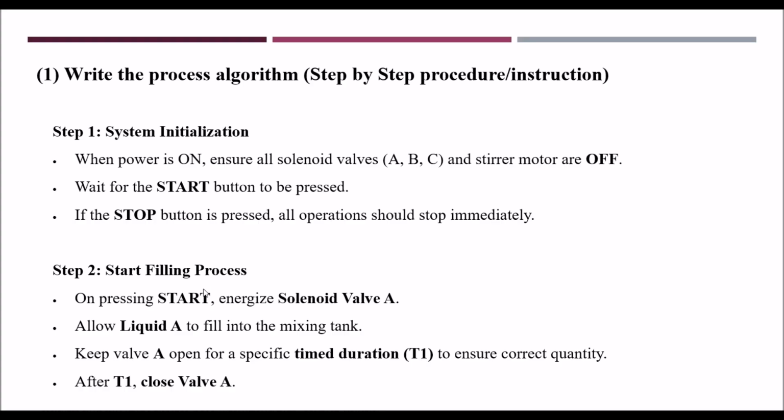Step 2 is the start filling process, means by operating the start button, solenoid A will be on. Allow liquid A to fill the mixing tank and keep the valve open for a specified duration, that is T1, to ensure correct quantity. That means T1 time, according to the problem definition, is 200 seconds. Then after T1, close valve A.